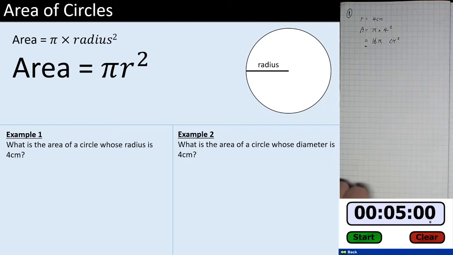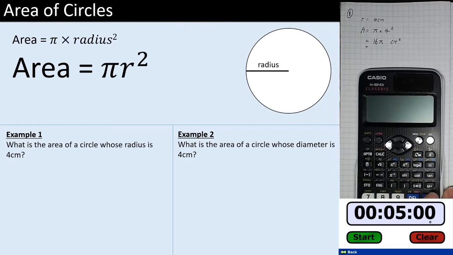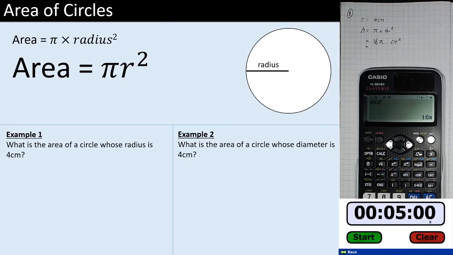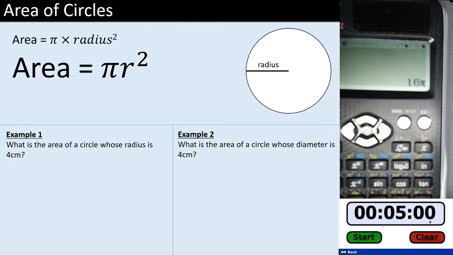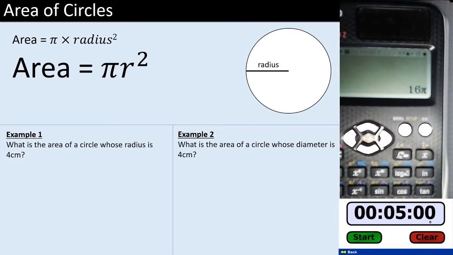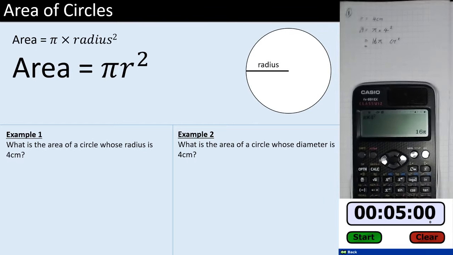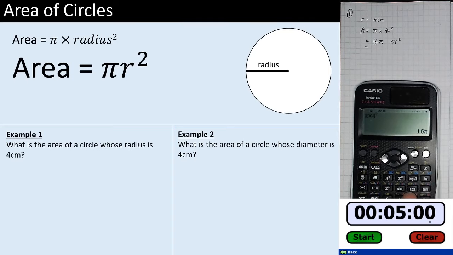Another way that we can write our answer is by using our calculator. So reaching for our calculator and doing pi times 4 squared. Now, calculator might just go, that's 16 pi, like my calculator has done here. Now, if we want to get a decimal answer to that, we'll have to press our S to D button or a change button on your calculator, and it will give you a decimal.